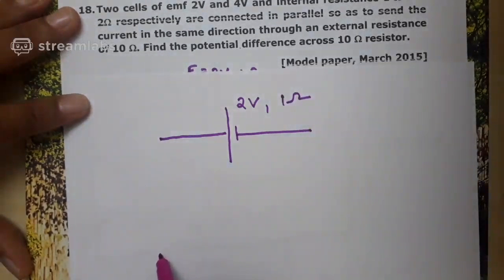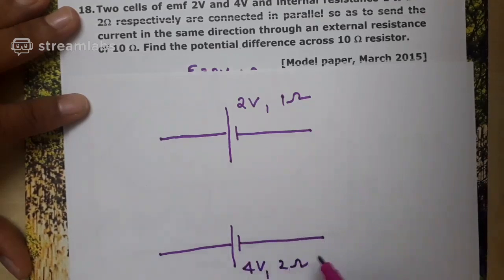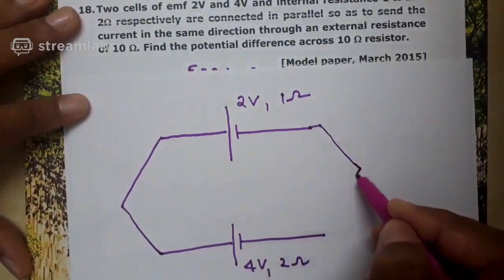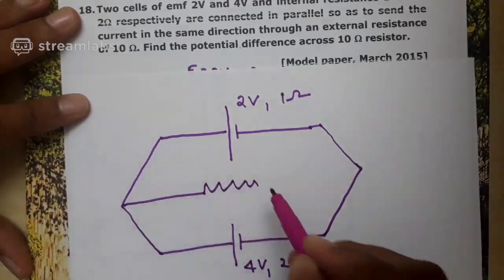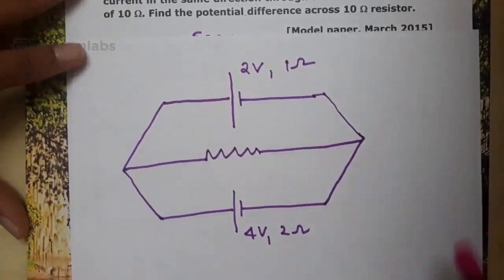And here I have a cell of EMF 4 volt and internal resistance is 2 ohm, and they are connected in parallel so that they are sending the current through a 10 ohm resistor in the same direction. I will include a resistor here. It will be easy for you to include a resistor here if you are using KVL.